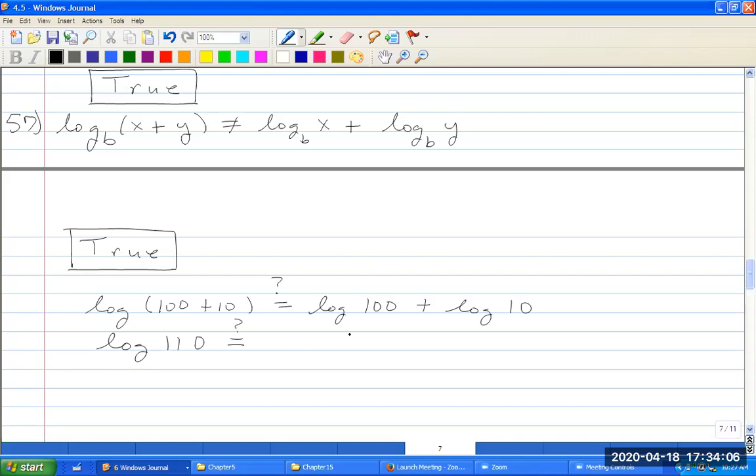Is this equal to log of 100, which is 2, plus log of 10, which is 3? But the log of 110 is something weird, approximately 2.04, whatever. And so these are not equal. So since they're not equal, then that's a true statement because it was saying, are these not equal? Yes, they're not equal.